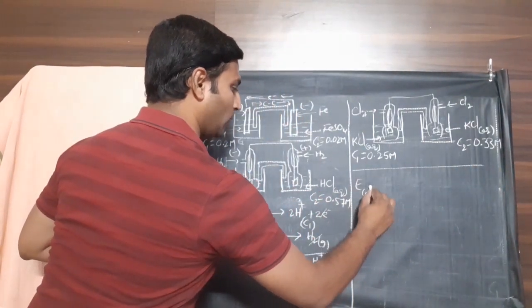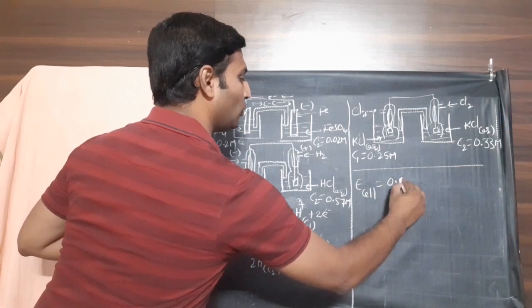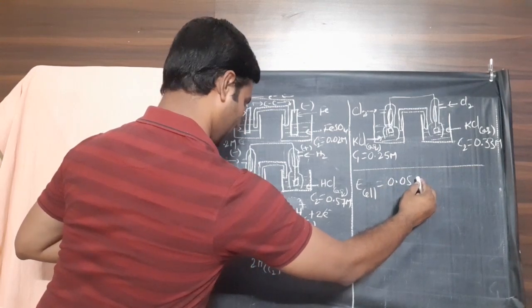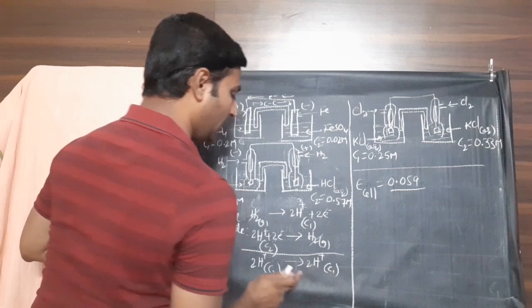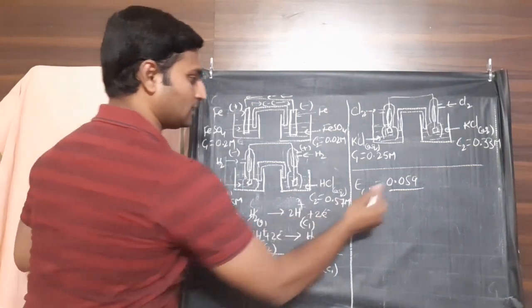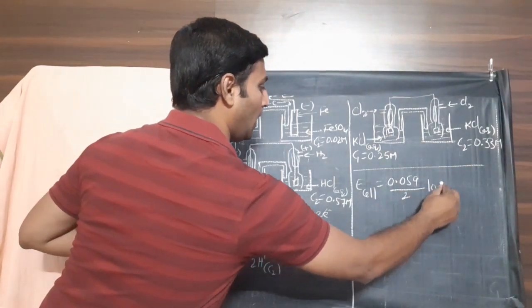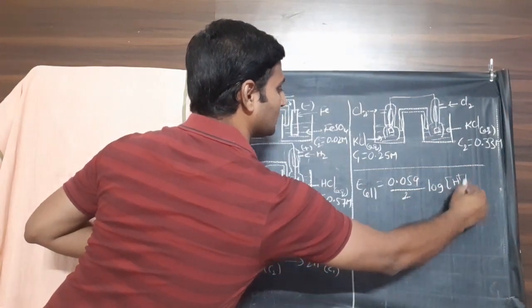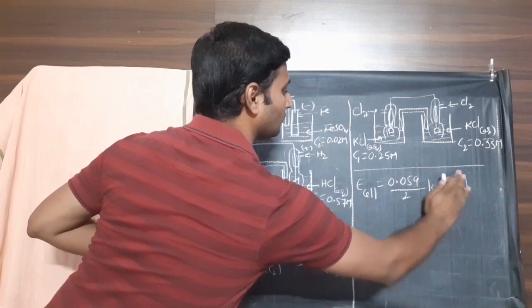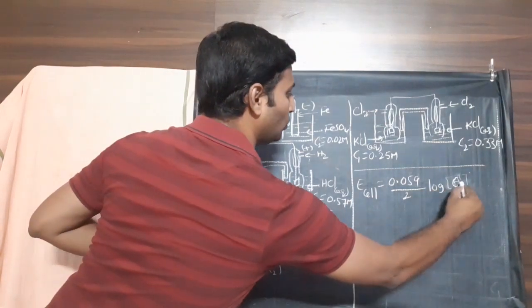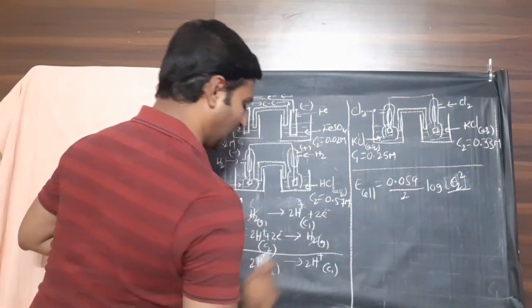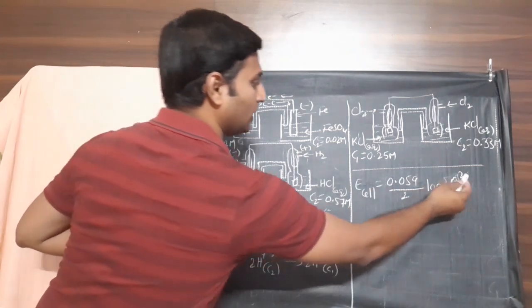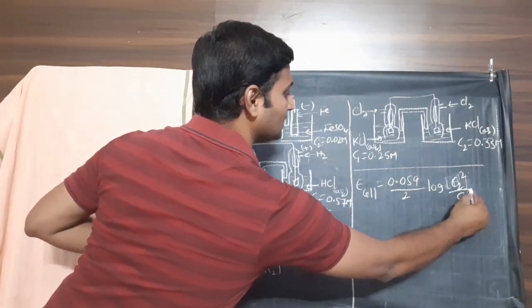E cell is equal to 0.059 by, because you have represented 2 electrons, let me take 2 here, log of concentration of H plus, C2 square, because reactants divided by products, C2 square divided by C1 square.